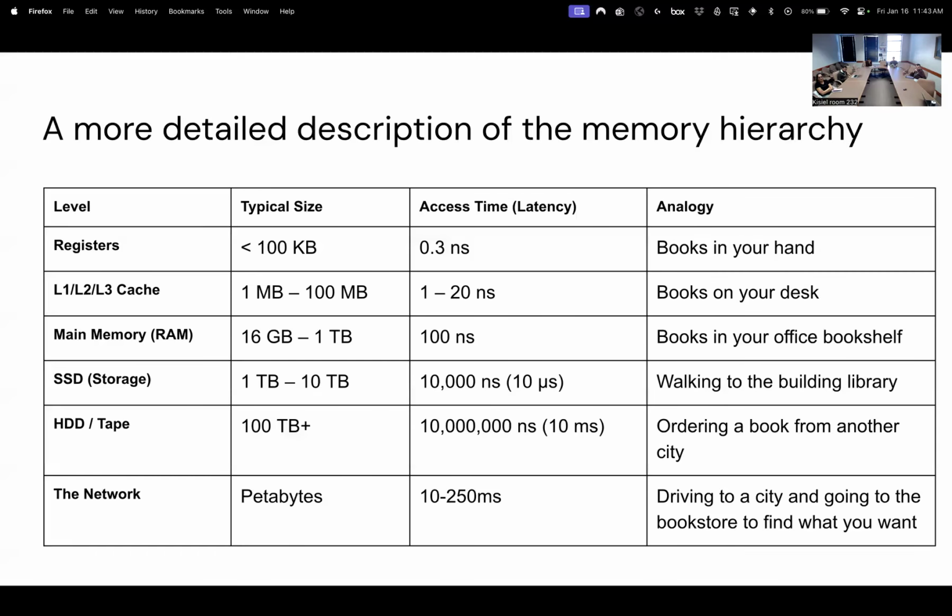Then you go out again to your system memory, and we're looking at an order of magnitude difference between these two. As we go out to your storage device, it's two orders of magnitude. And then as you go out to your disk, it's another two orders of magnitude.